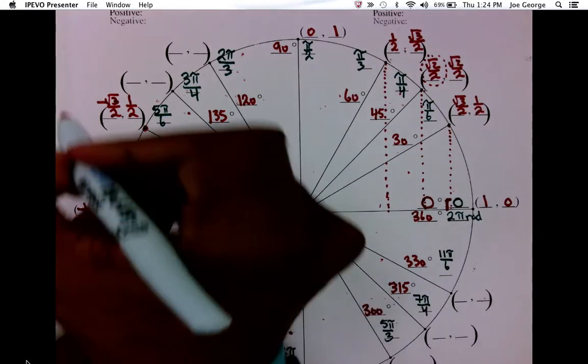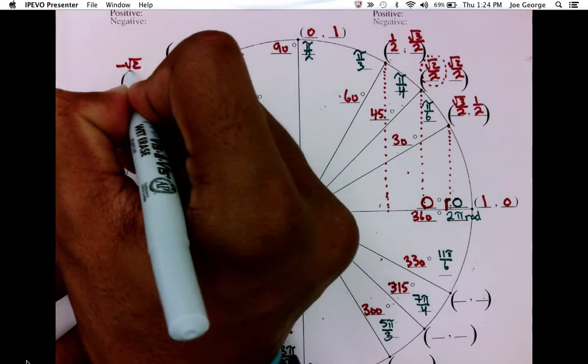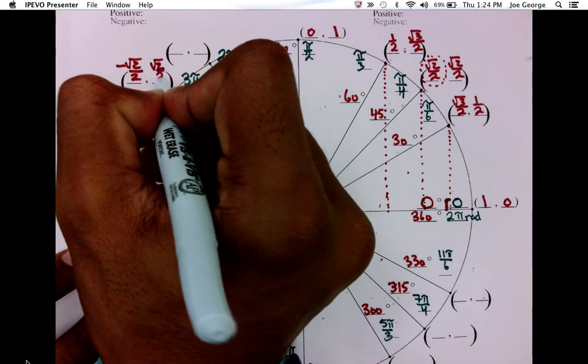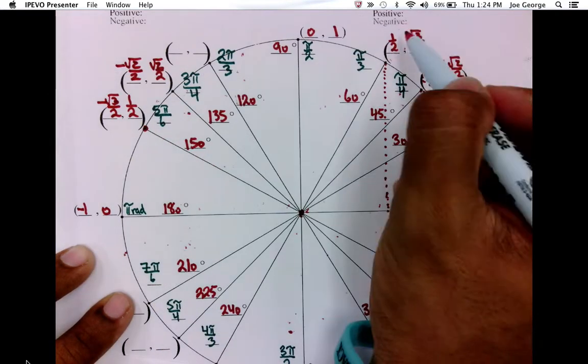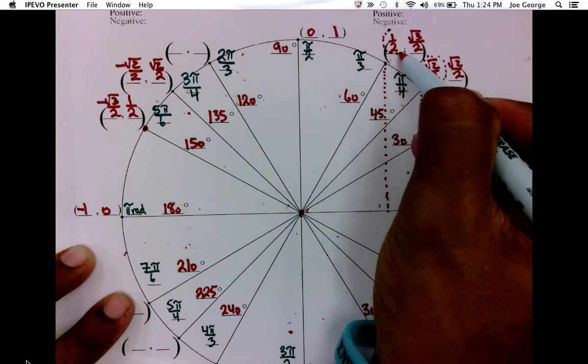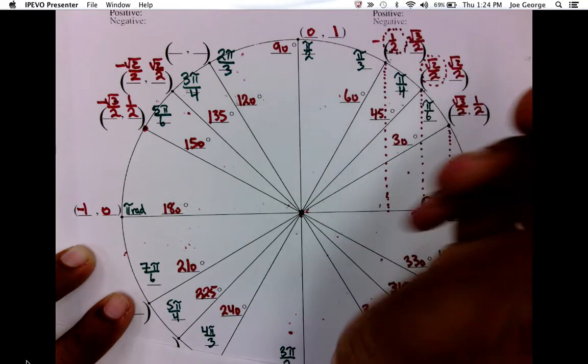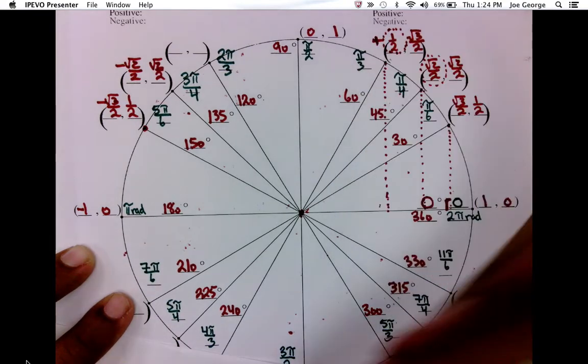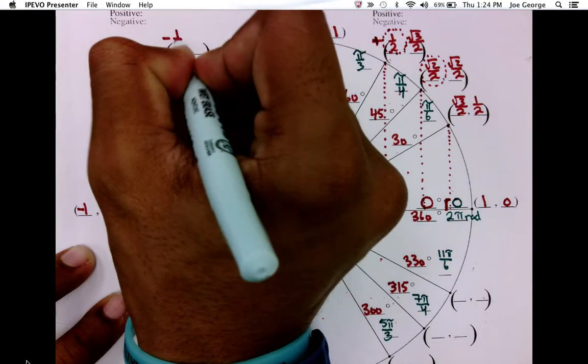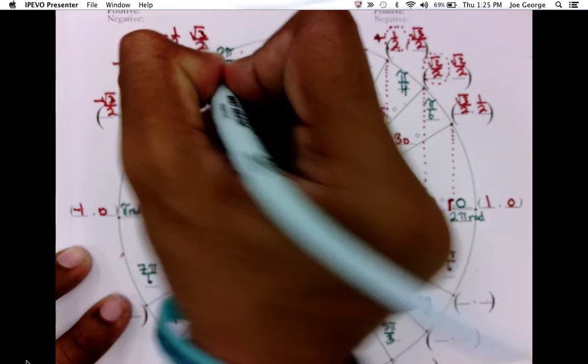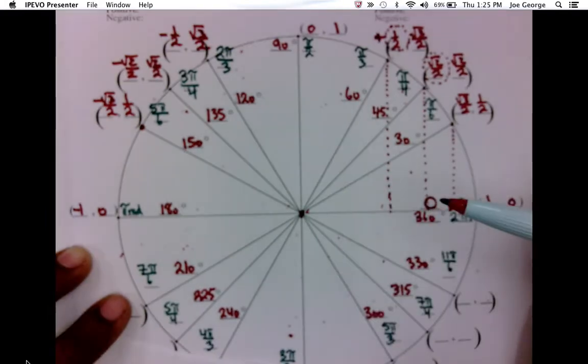That will also become a negative radical 2 over 2, comma, radical 2 over 2. And finally, this one right here will become negative 1/2, comma, radical 3 over 2. That's going to be our second quadrant.